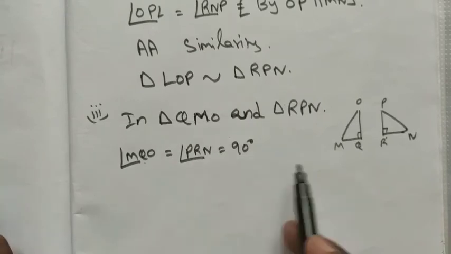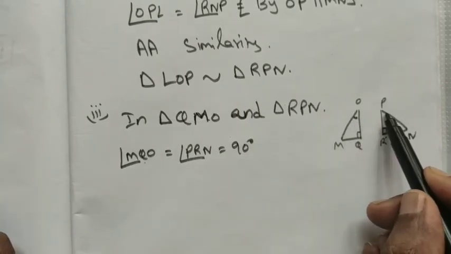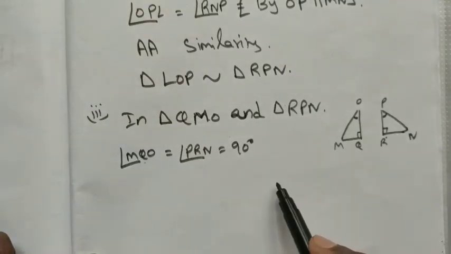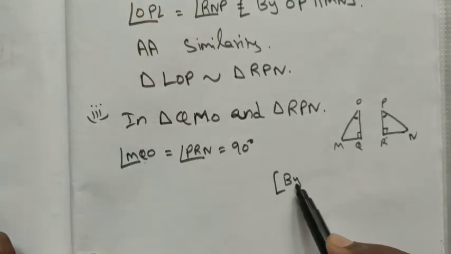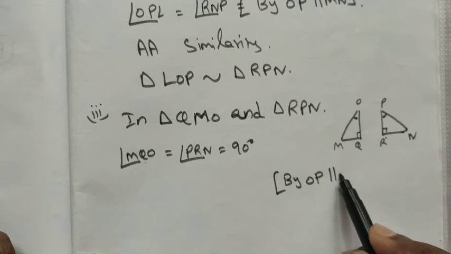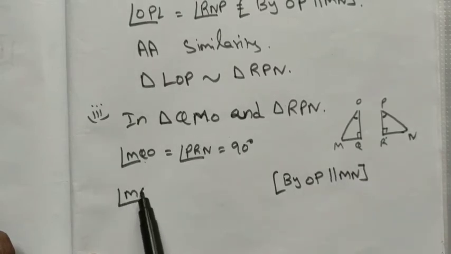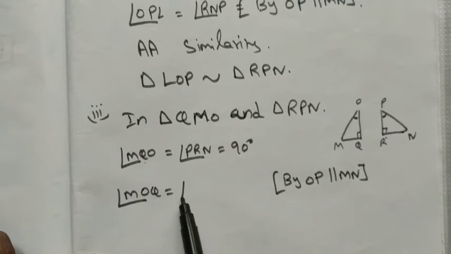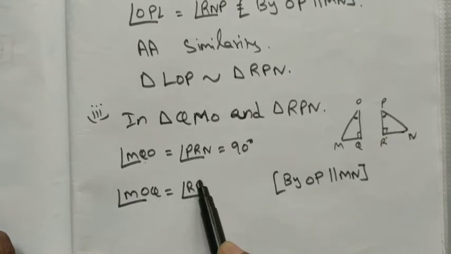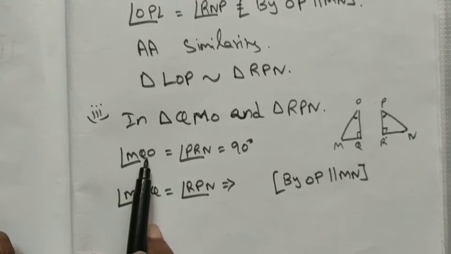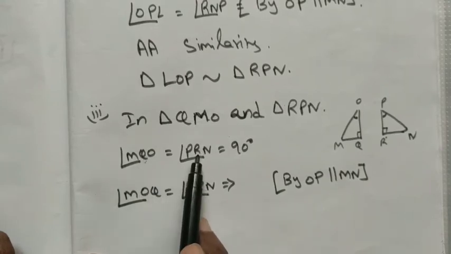So by the condition of 90 degrees, and then angle O, this angle is equal to angle P, as I already said, by the condition that OP is parallel to MN. So angle MOQ is equal to angle RPN, right? The angle you are mentioning should be in the center place.